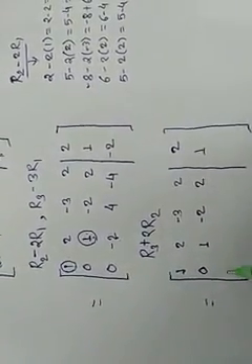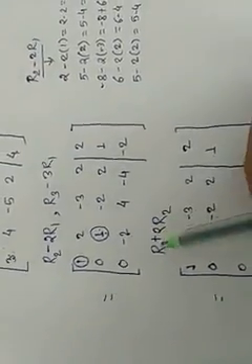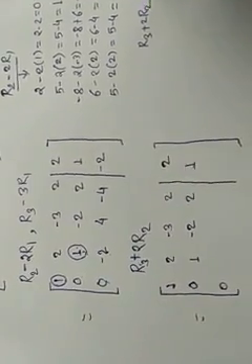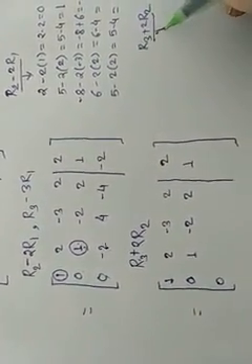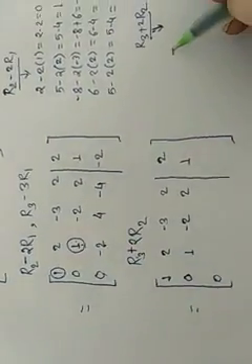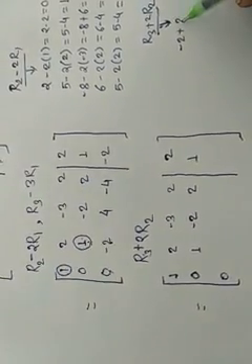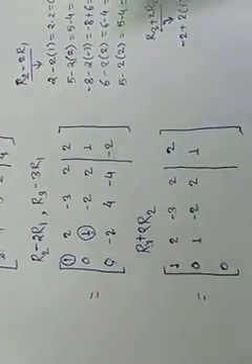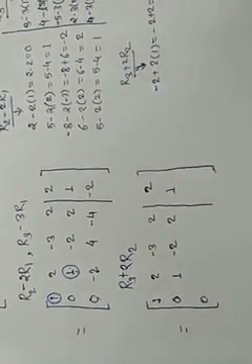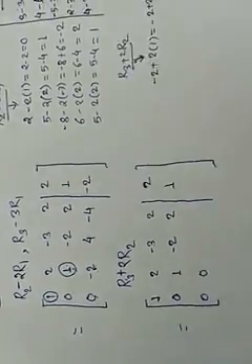Now the third row: the row operation is R3 plus 2R2. We can write it as -2 plus 2 into 1, which is 0.